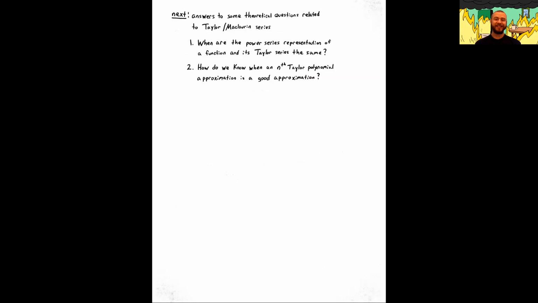All right, the last part for this lecture is going to be some theorems that address some theoretical questions that we need to address for those of you continuing into higher level mathematics. Some of your science and engineering courses aren't too concerned with issues of convergence, but for mathematics, you would be. So we have a few questions here.